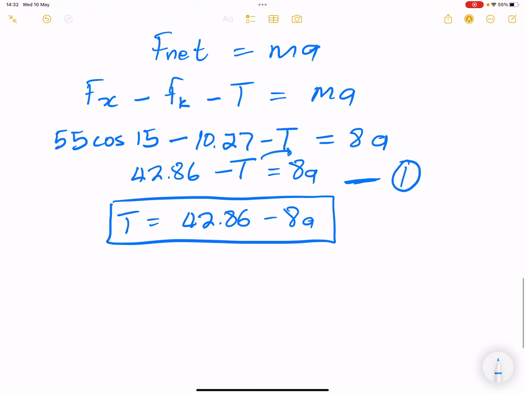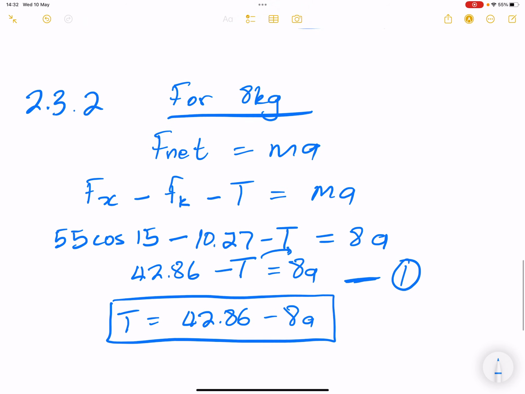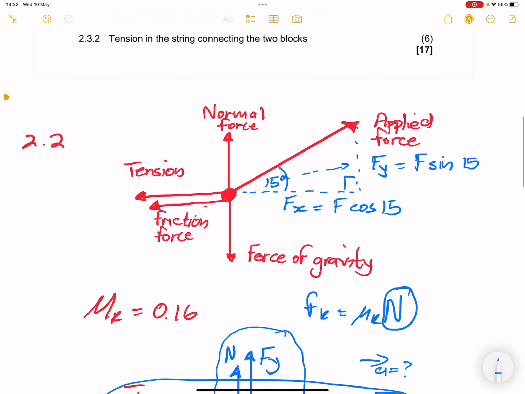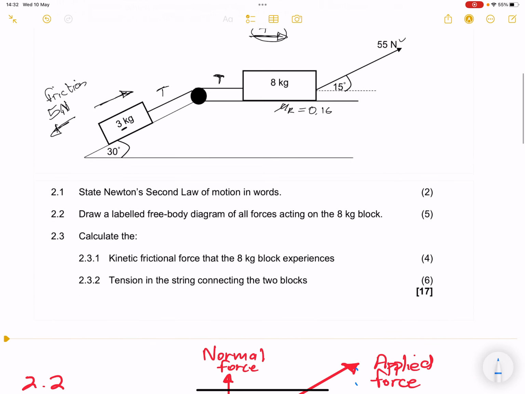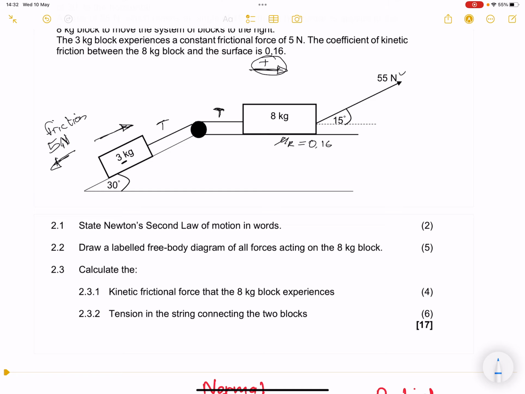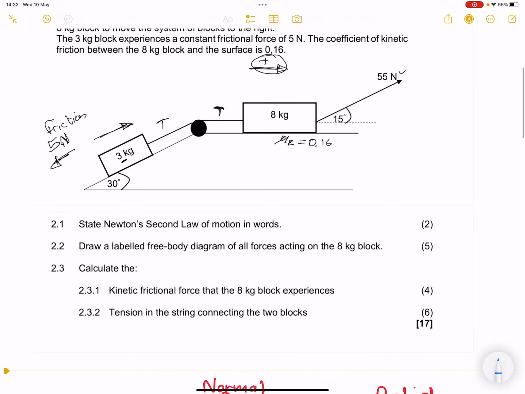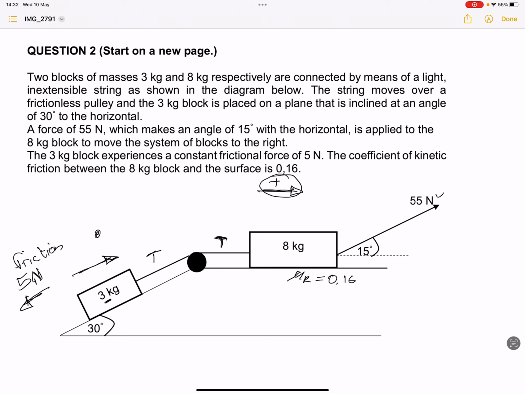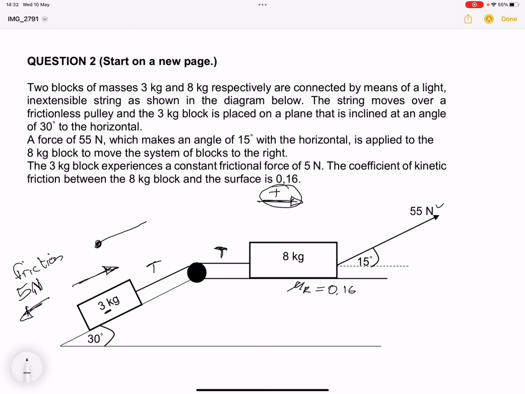Okay, now let's go to the other object, which was the 3 kg block. Right, what are the forces that are acting on the 3 kg block? Note in this case, I know that the tension is pulling this guy upwards, right? But I also do know that there is frictional force that's acting downwards. I know there'll be, well, the normal force.